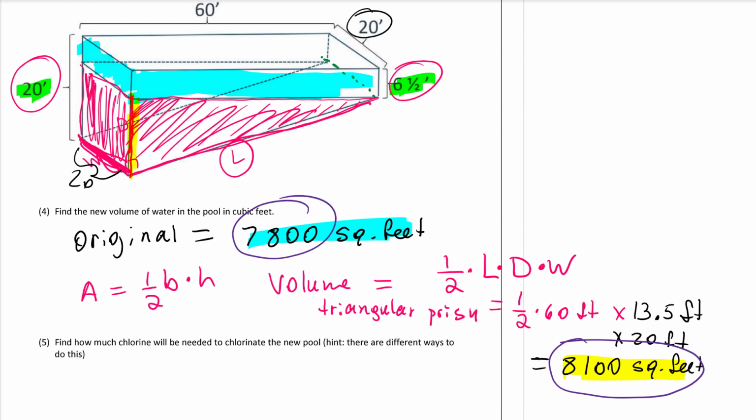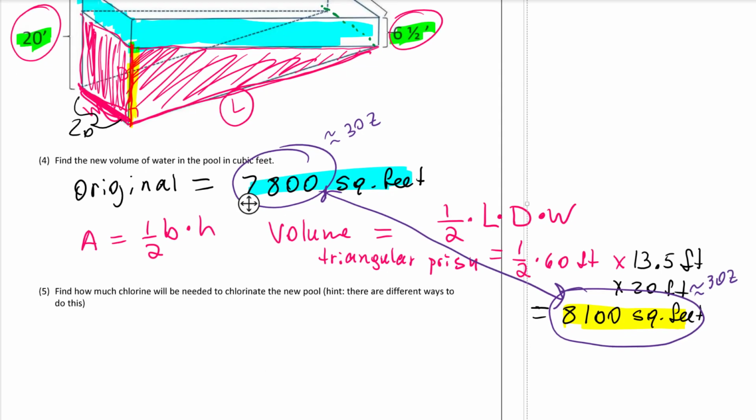Without doing the calculation again, converting into gallons and then finding out how much chlorine we need, think about the relationship between these two. What would you say? Yes, they're about equal. So if this requires about 3 ounces of chlorine, then this should also be about 3 ounces of chlorine.